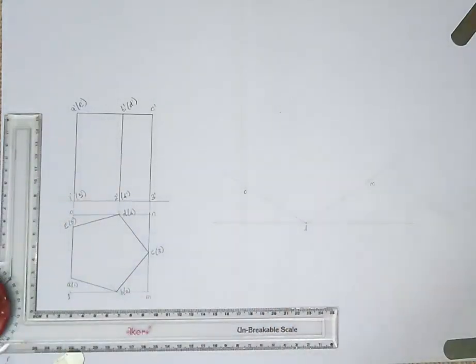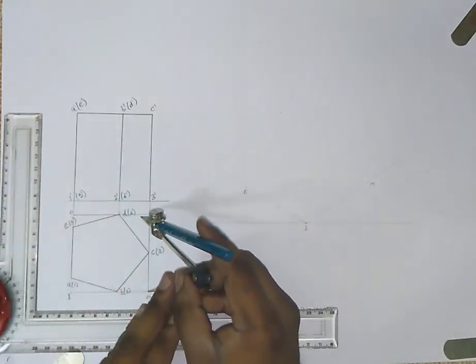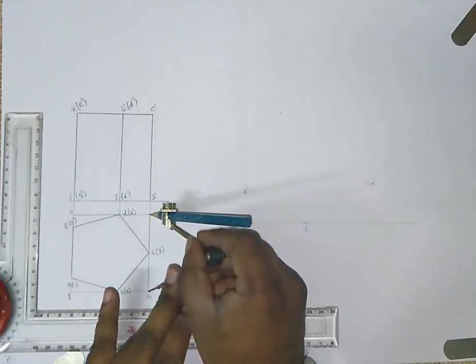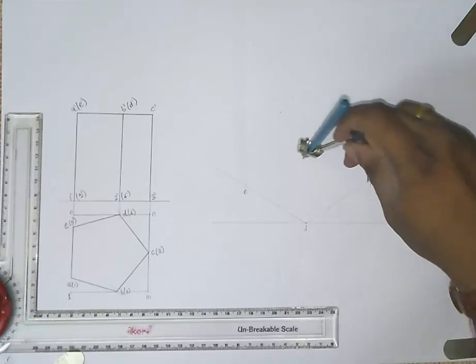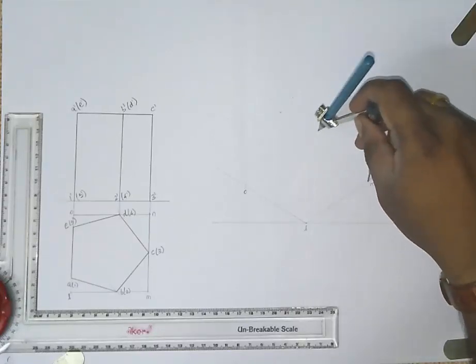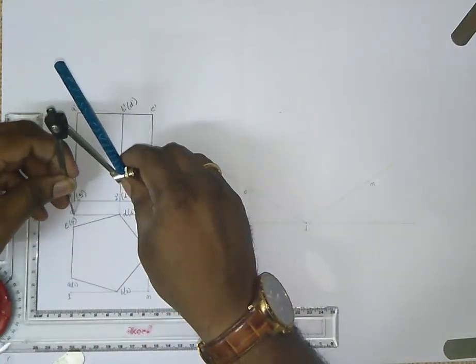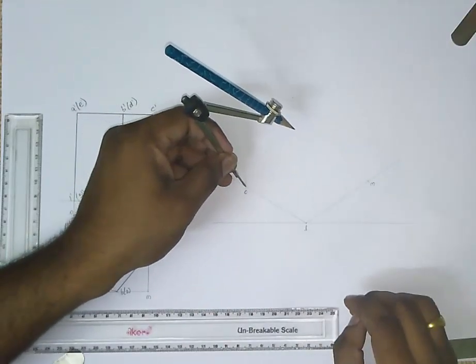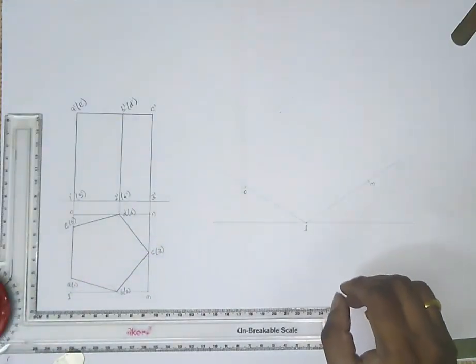Now the point N has to be marked. From point M, measure the length of MN. Now from point N, draw an arc here like this. Similarly, measure ON, draw it from here, and you will get the point N like this.